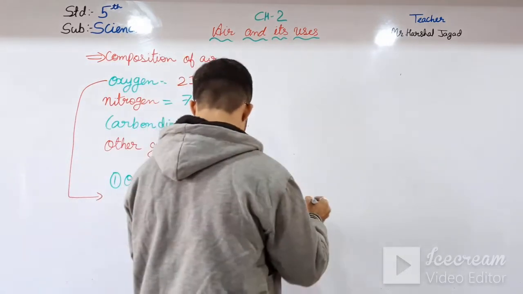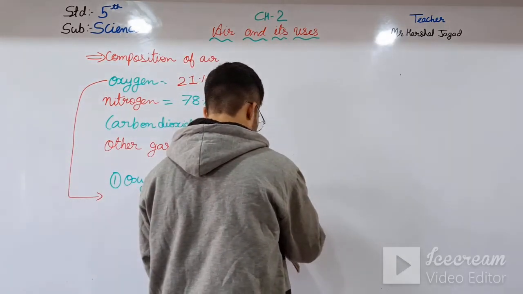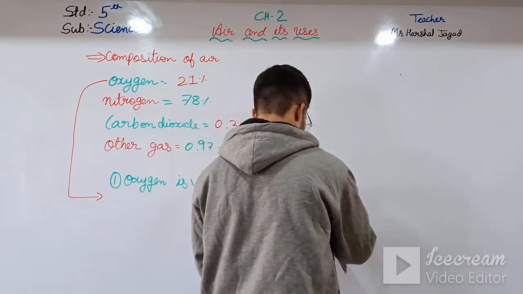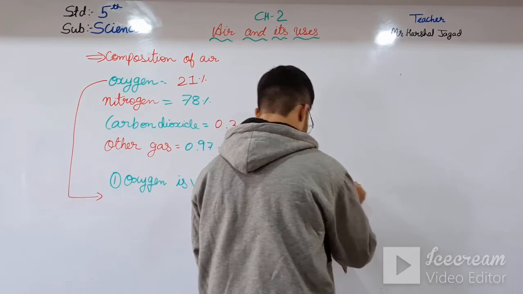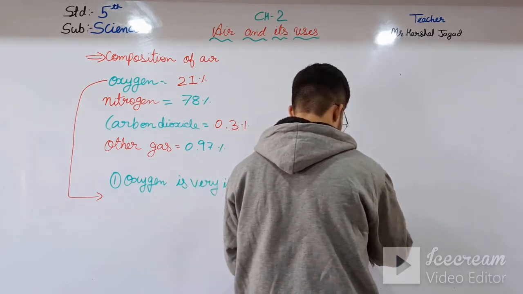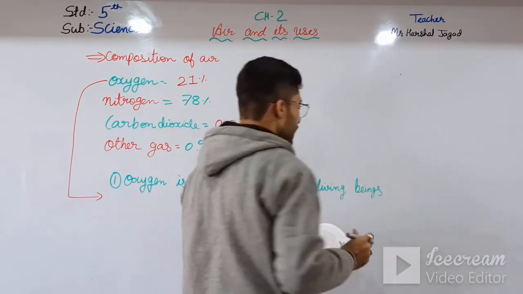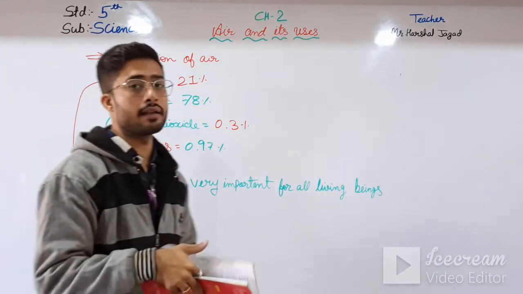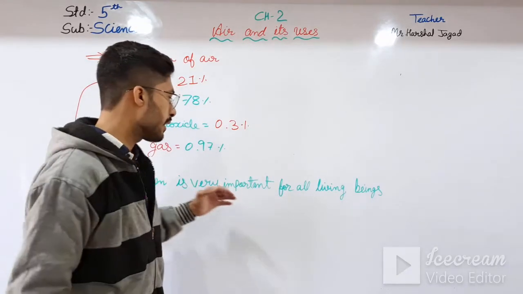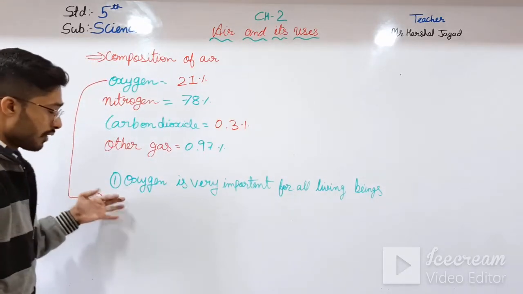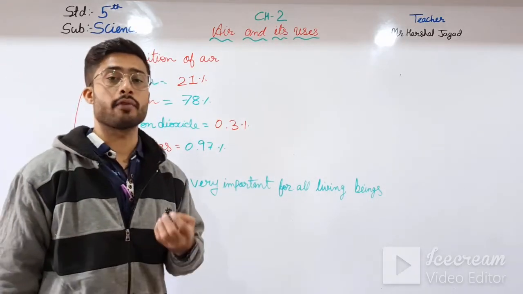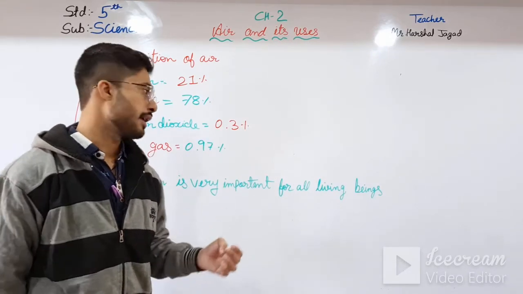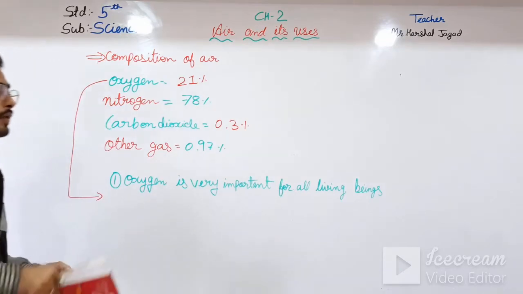Oxygen is very important for all human beings and living beings, and in that the trees also come. The oxygen we need for respiration, animals also need for respiration, trees also respire. So oxygen is very important for all.